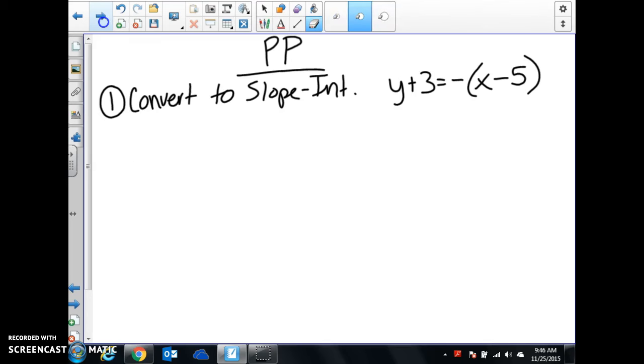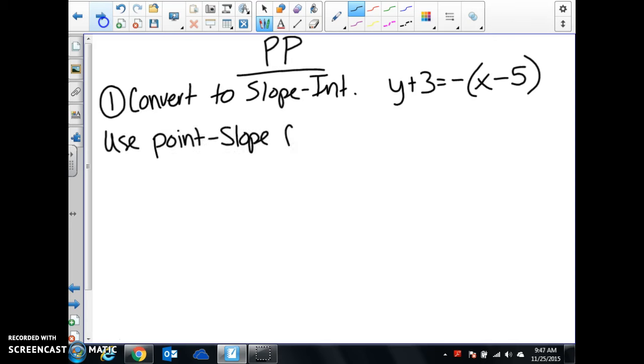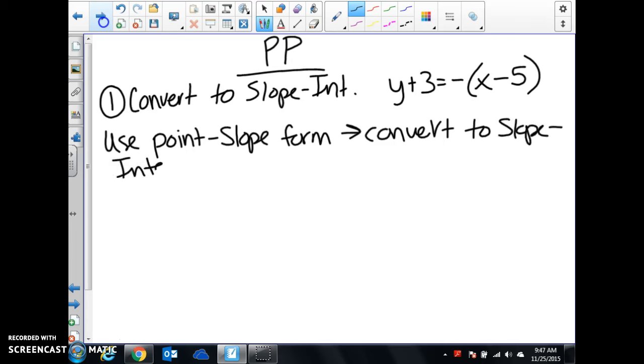So let me write that down. Use point slope form and then convert to slope intercept form, which is what we just did on all of our examples.